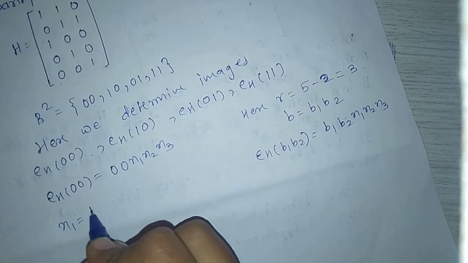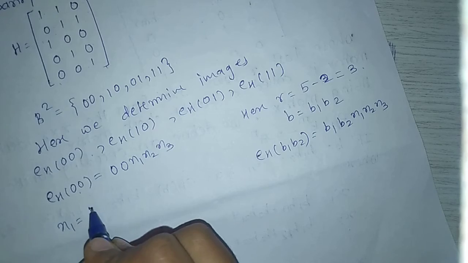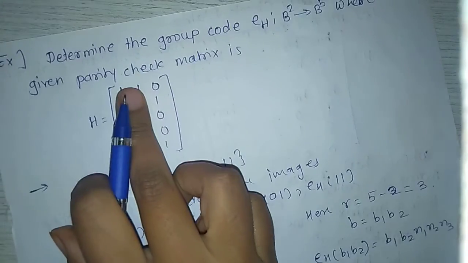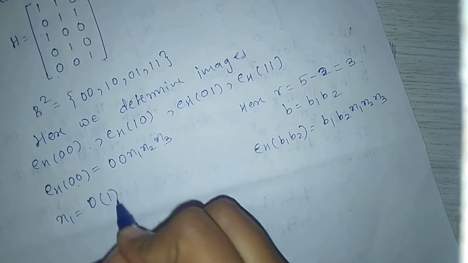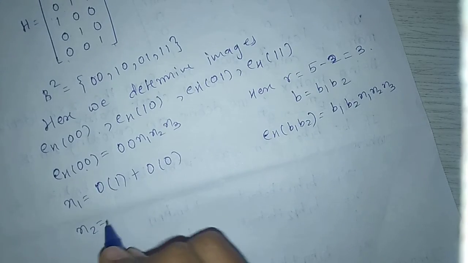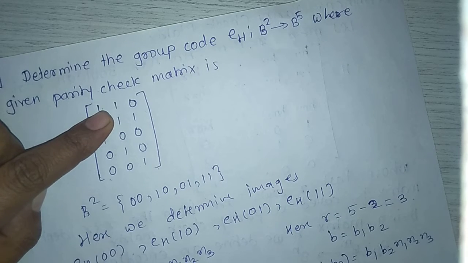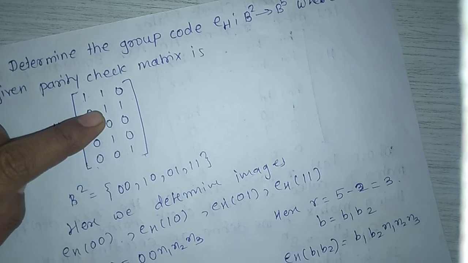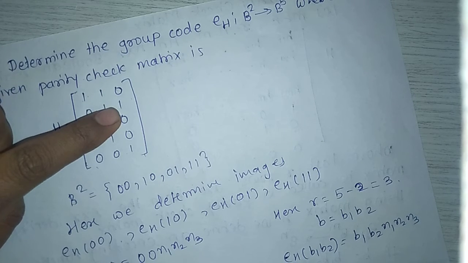x1 equal to b1 is 0, H11 is 1 and H21 is 0, meaning 0 into 1 plus 0 into 0. Similarly x2 equal to 0 into 1 plus 0 into 1. x3 equal to 0 into 0 plus 0 into 1.